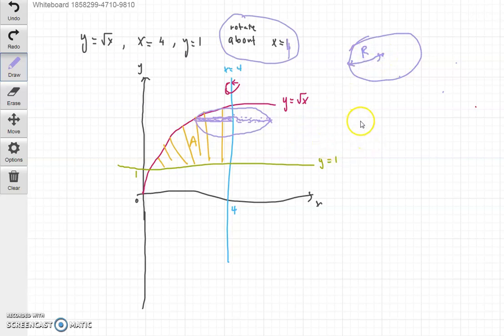As we already know, in order to find a volume, it can be the integral from a to b of A(x) dx, or we can change it into the integral from c to d of A(y) dy. So now we want to determine which formula we are going to use, whether it is in terms of the x-axis or y-axis.